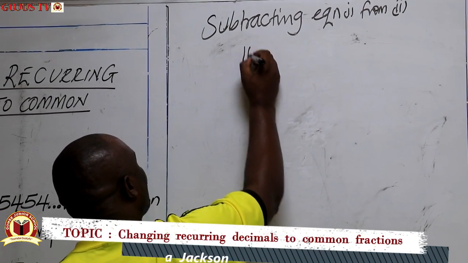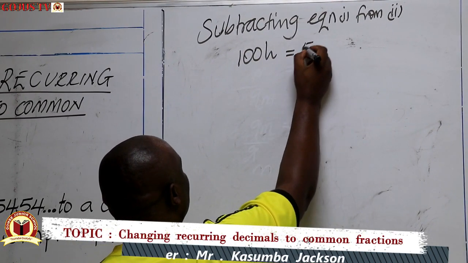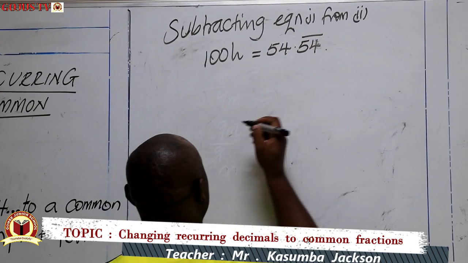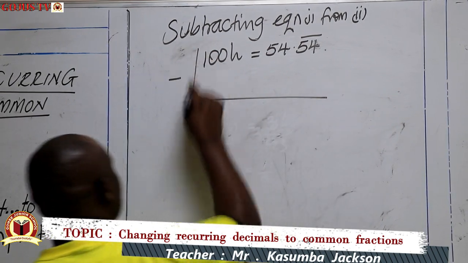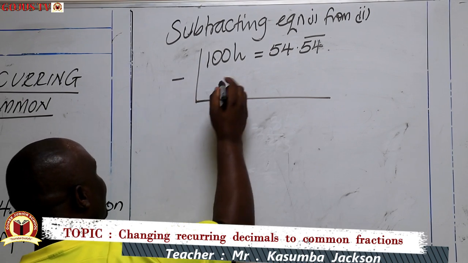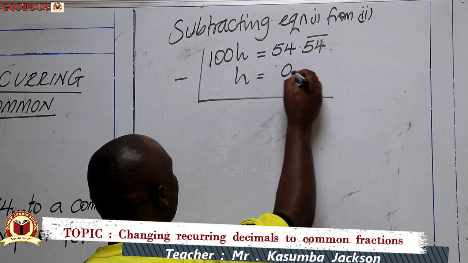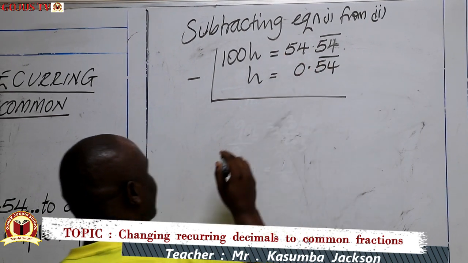Here equation 2 is 100H, which is as good as 54.54 recurring. We are taking away, I'm creating a separating bar because I'm subtracting equations, taking away H, which is 0.54, also recurring.